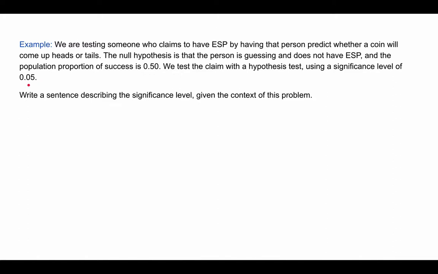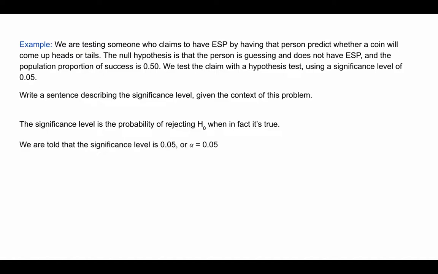So we're going to write a sentence describing the significance level given the context to help you guys better understand what significance level is. So the significance level is the probability of rejecting the null hypothesis when in fact it's true. In other words, it's the probability of rejecting the claim that the person doesn't have ESP when in fact they don't have ESP.